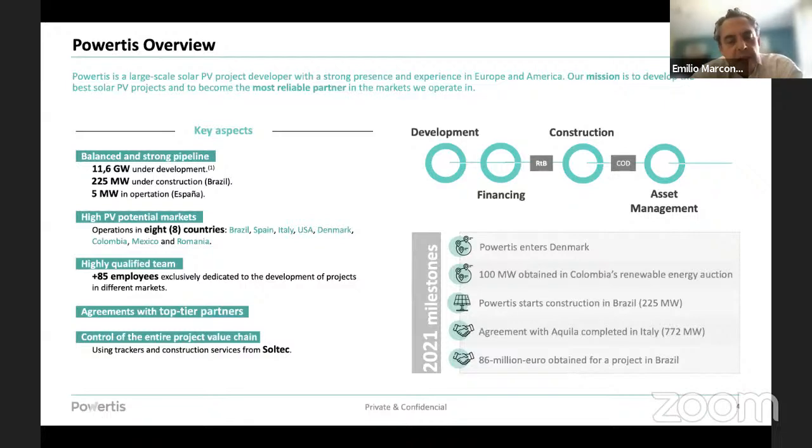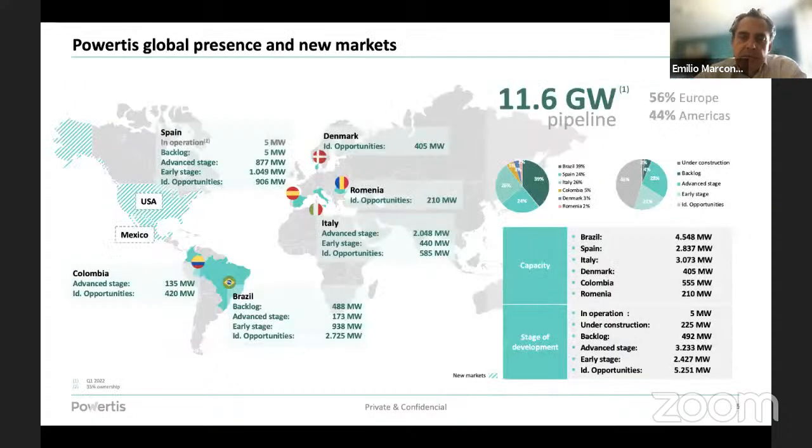We are present in 8 countries, and we have an 85 employee team. And something very important for us is that we control the entire project value chain, using trackers and construction services provided by Soltec. So this is just an indication of where the markets are and the volumes that we are achieving in each market.